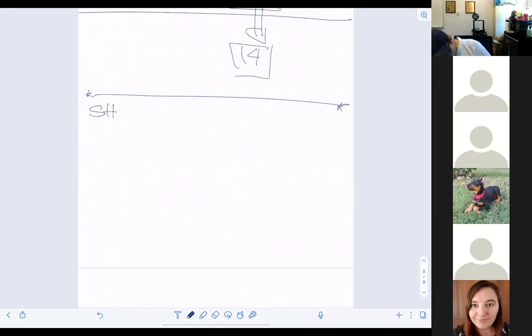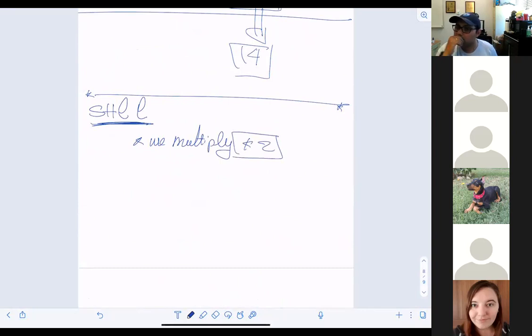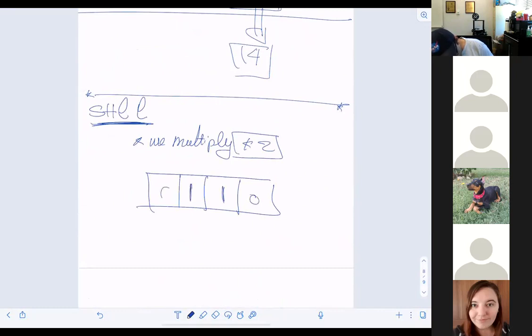the shift logical left. It's really easy peasy lemon squeezy, because it's a reversal of the shifting right. So in that case, basically we multiply by 2. For instance, if I have 1, 2, 3 here, and I have 0, 1, 1, 0, this register is filled with 6.